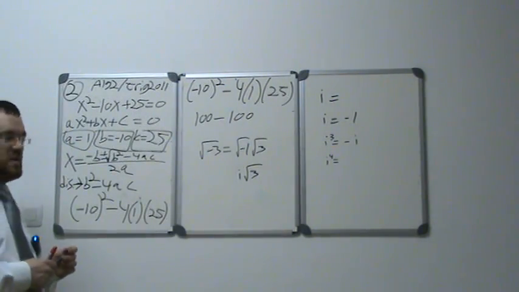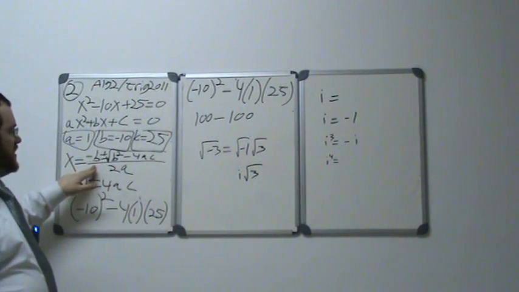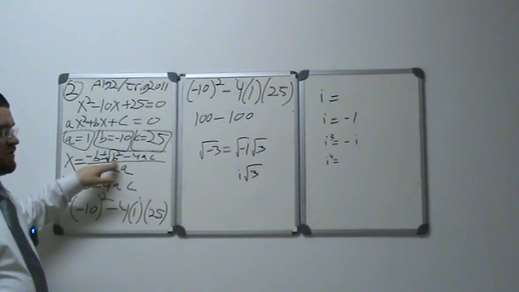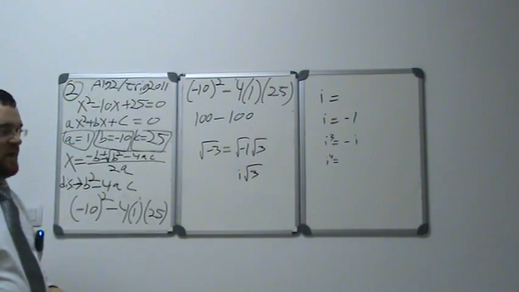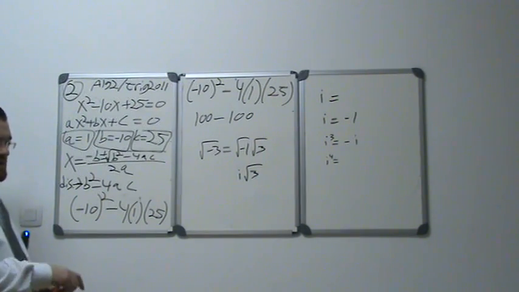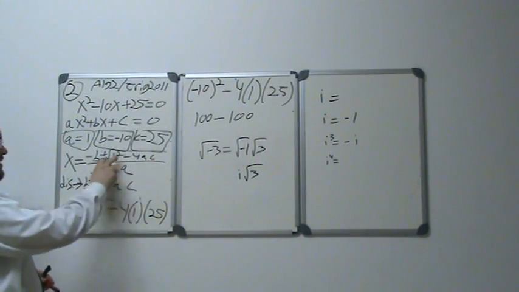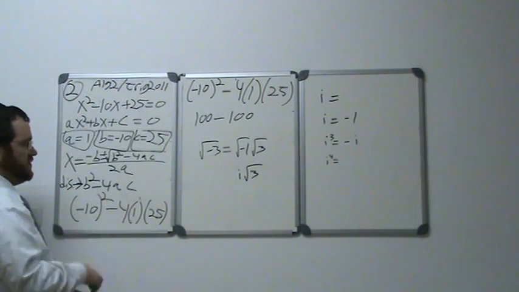The quadratic formula is x equals negative b plus or minus the square root of b squared minus 4ac, and that whole thing is divided by 2a. The discriminant is what's under the radical sign, so the discriminant is b squared minus 4ac.